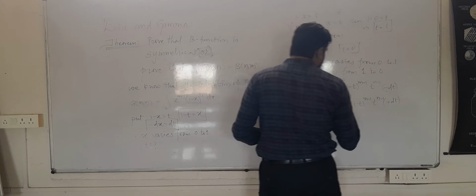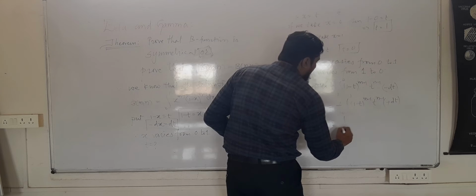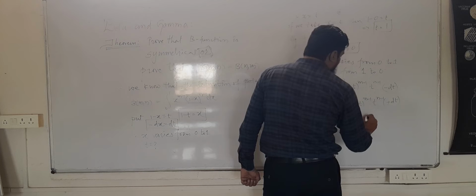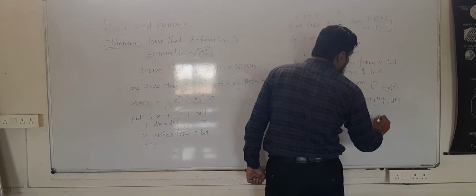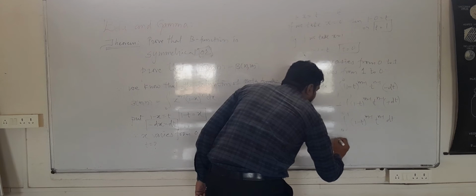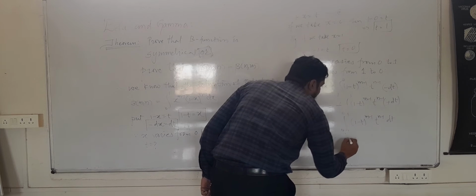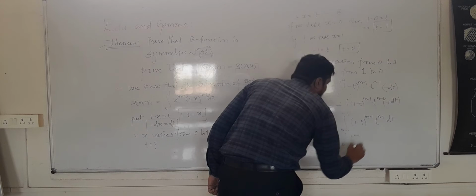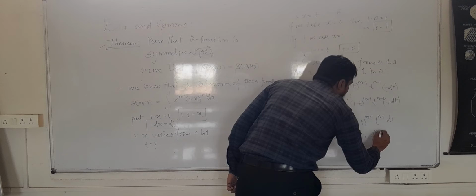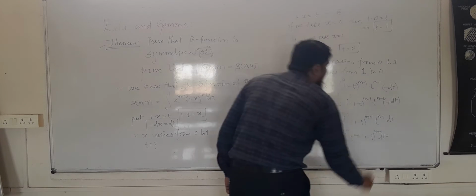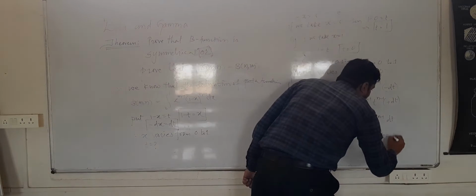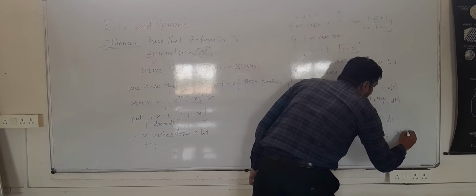And this minus and minus will cancel. We get 0 to 1, 1 minus t raised to m minus 1, t raised to n minus 1 dt. And again we can write it as 0 to 1, t raised to n minus 1, 1 minus t raised to m minus 1 dt. And it is just in the form of variable t. So we can write it as beta n m.